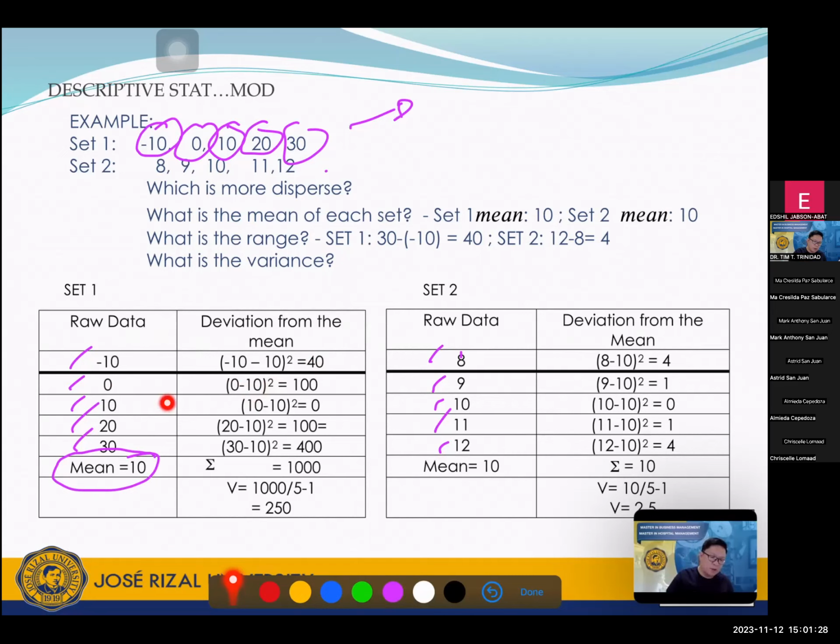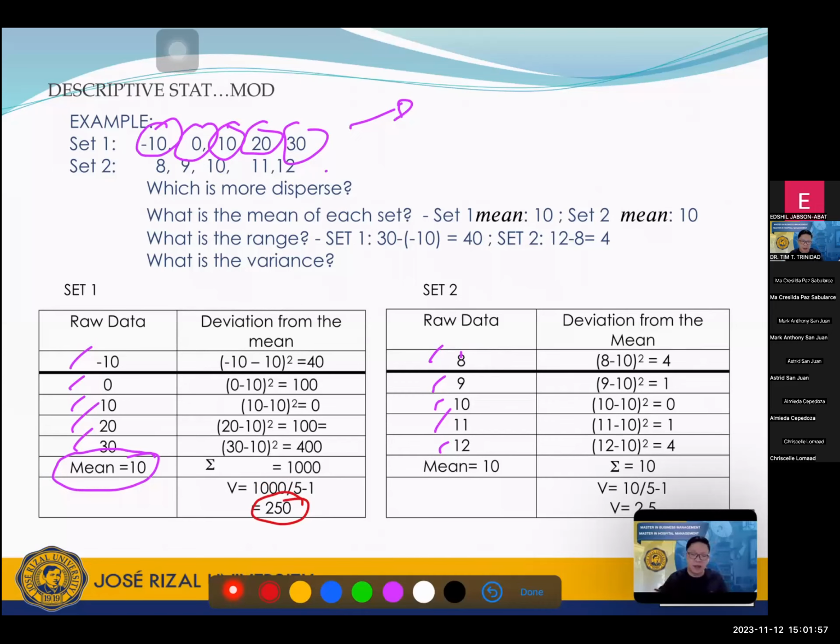And then when you're done with all your data set, you sum them up. You sum this one and the sum is 1,000. Okay, so the formula for your variance is the sum of all the squared values divided by n minus 1 because we're using the sample variance, not the population variance. Kaya may minus 1. So you get the value of 250.